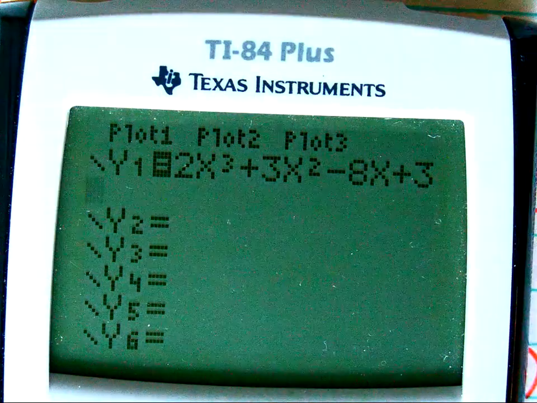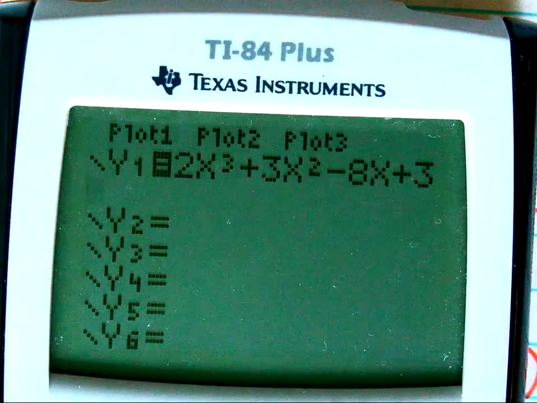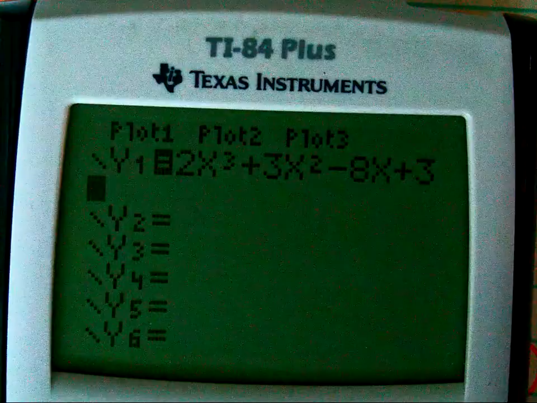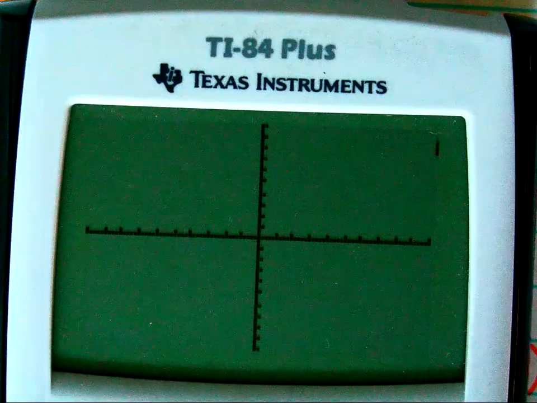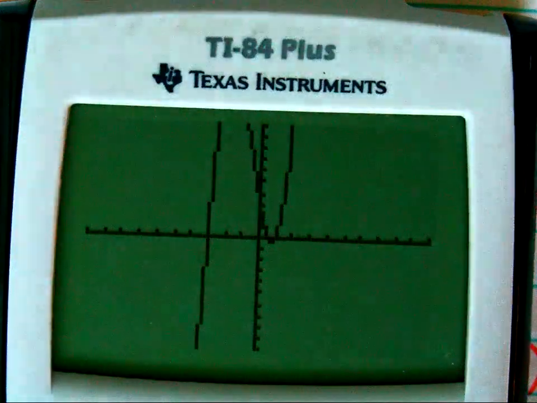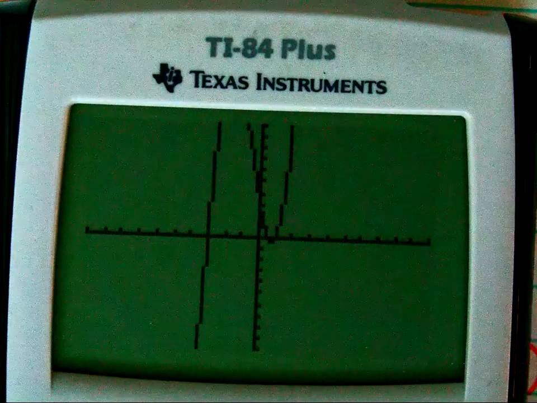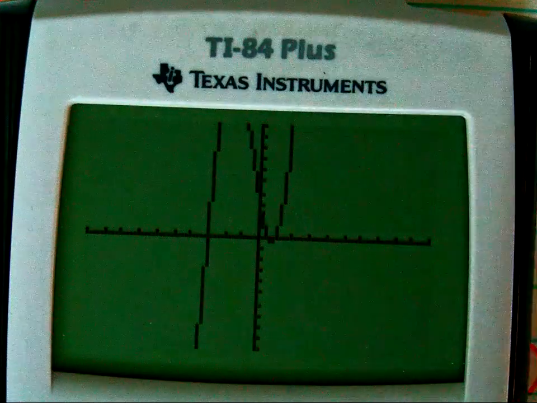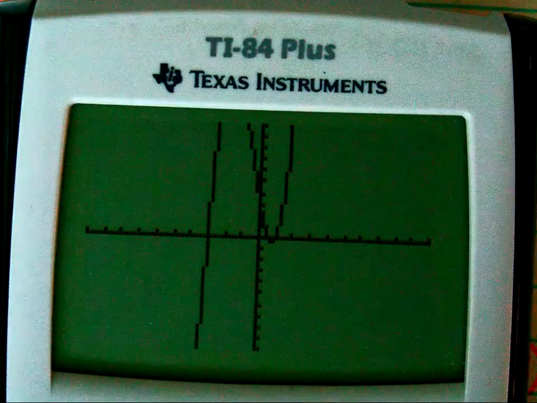Okay, now we're going to hit graph, and what we're doing is we're trying to find where this crosses the x-axis.